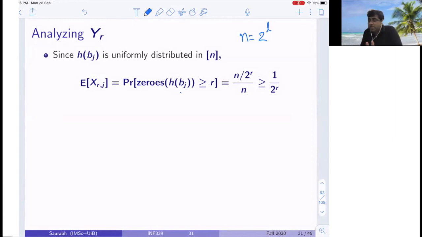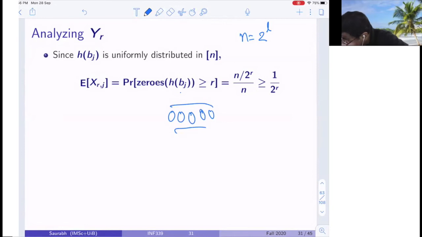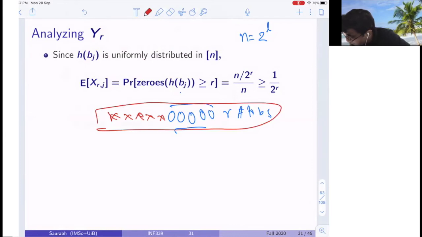How many integers in 1 to n will have at least r zeros? We at least need the last r bits to be zeros, and I don't care what is here.